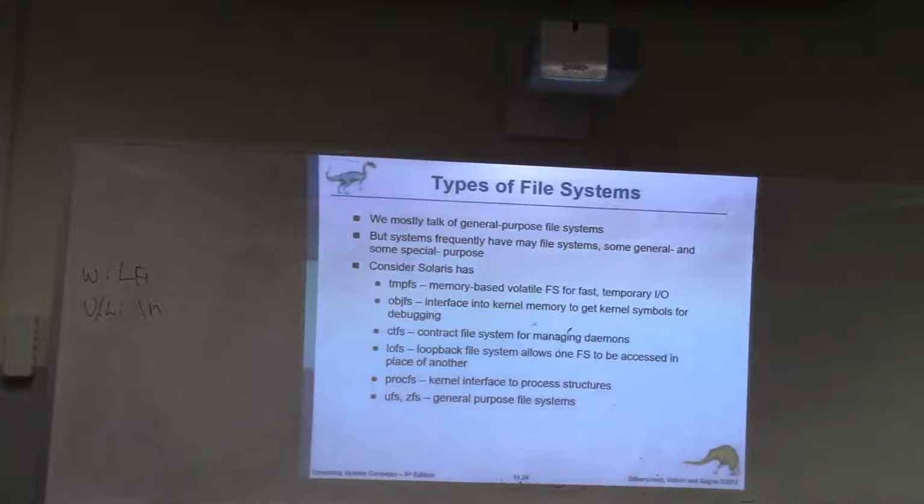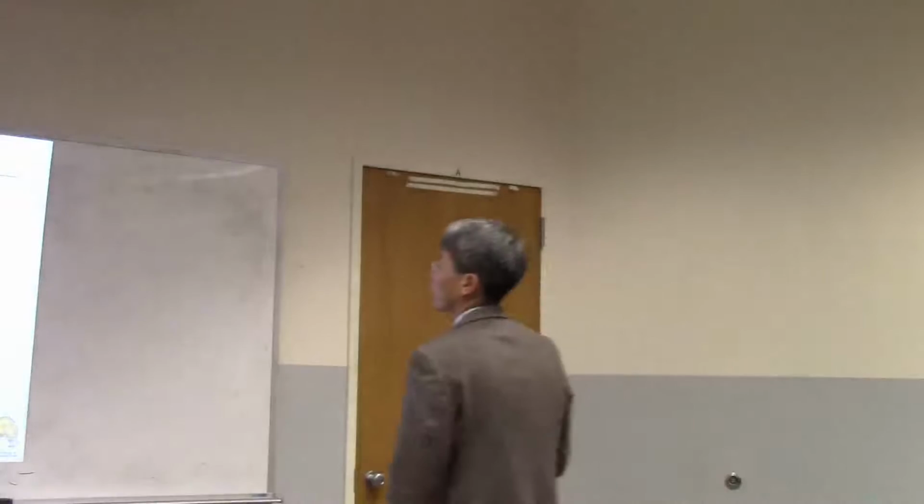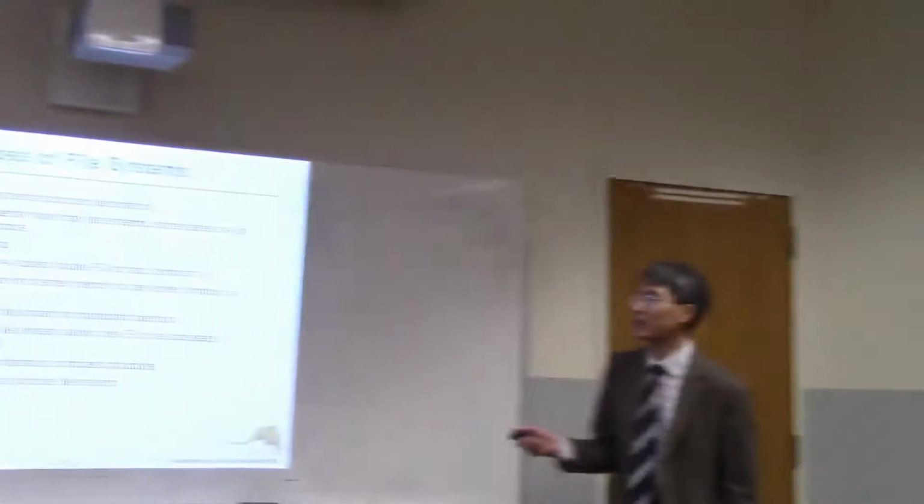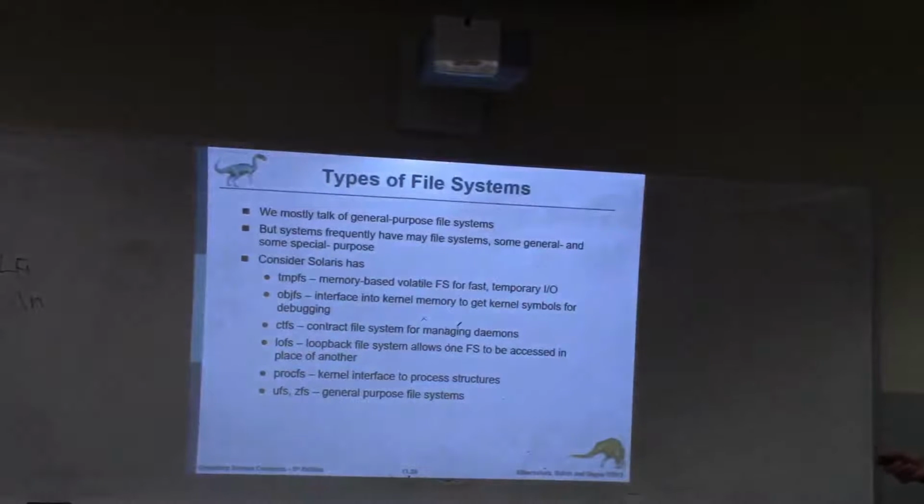There are a bunch of different types of file systems. NTFS is just one of them, used in the Windows system, and in addition to that, many more. For example, even the Solaris operating system, the Unix operating system, uses a bunch of different types of file systems.